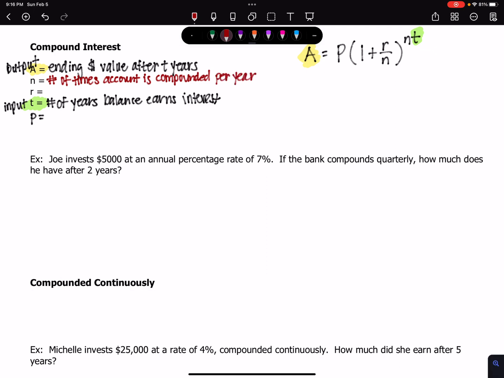The number of times the account is compounded per year. That means how many times is the bank going to look at your account and calculate interest for you.